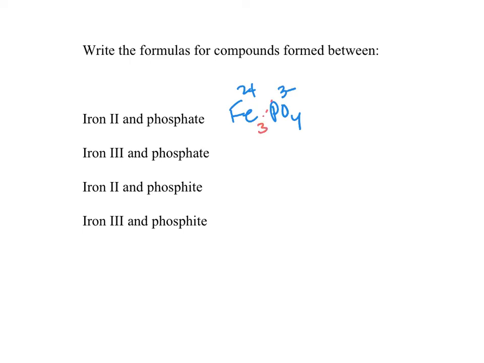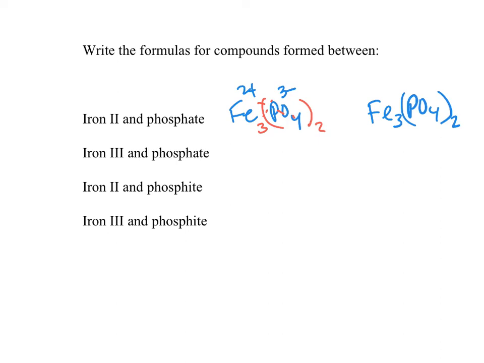It's going to give you a 3 here, and this goes in parentheses. Polyatomic ion goes in parentheses. You get 2 of those. Okay, that's just using the crisscross rule. So then the answer would be Fe3(PO4)2. So the name of the compound here is iron 2 phosphate.